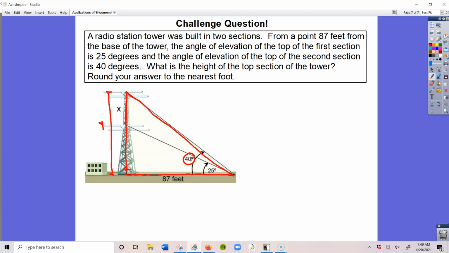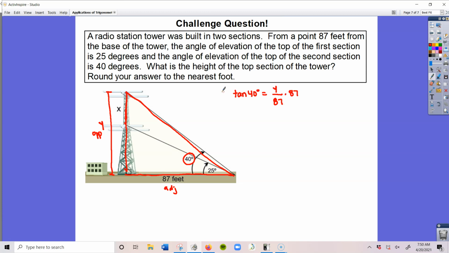So we're using this angle. That means that y is the opposite side and the 87 is the adjacent. So I would use tangent in order to figure out y. So tangent of my angle, which is 40, is going to equal the opposite, which is y, over the adjacent, which is 87.